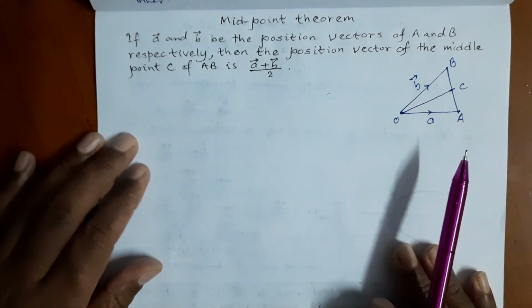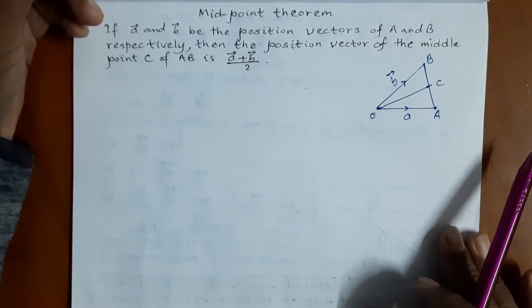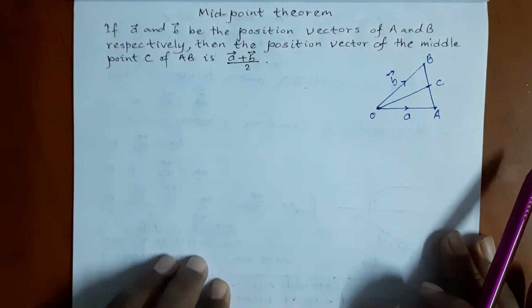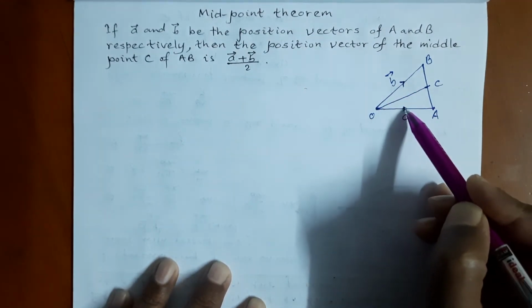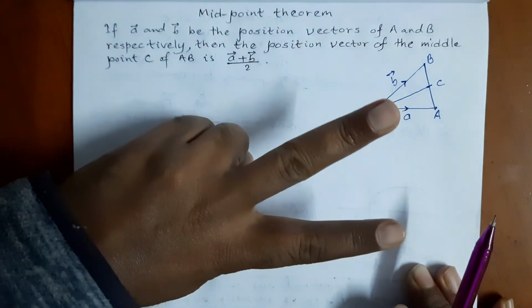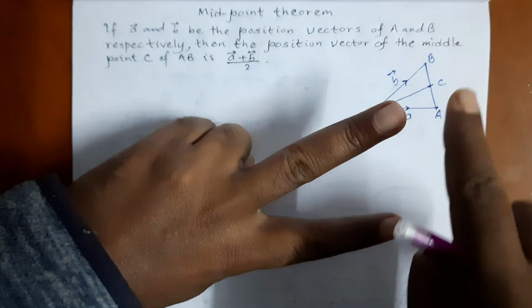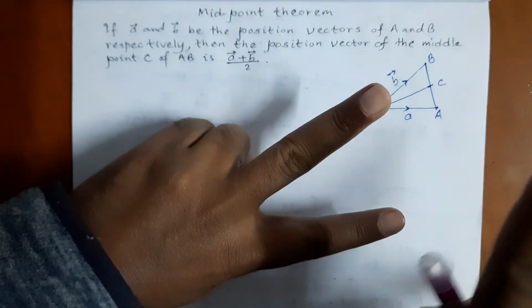The main thing you have to care about while using the midpoint theorem is that both vectors, vector A and B, are going outside from the point, in the same outward directions.